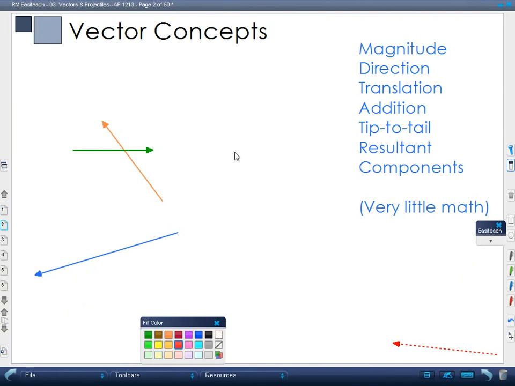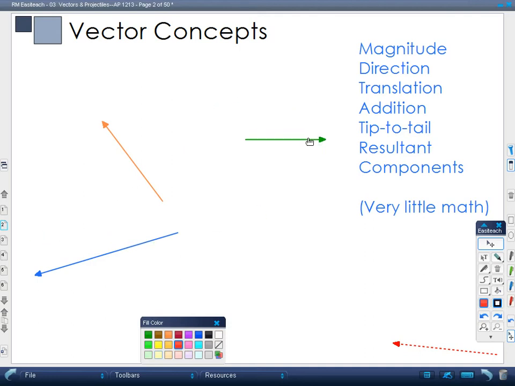Vector concepts, we'll talk about magnitude, direction, translation, addition, etc. A vector is something that has magnitude and it has direction. So this green vector has a particular direction and a particular magnitude, and it doesn't really matter where it is located.